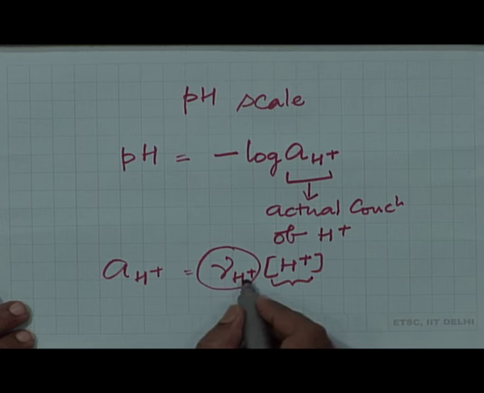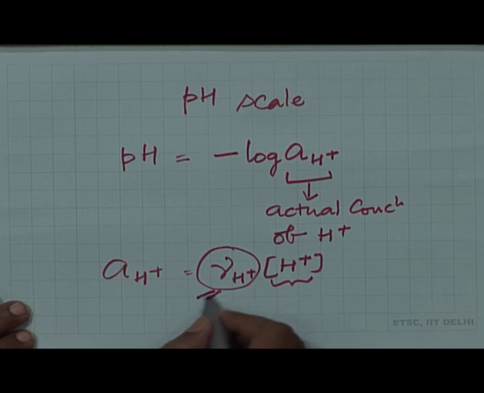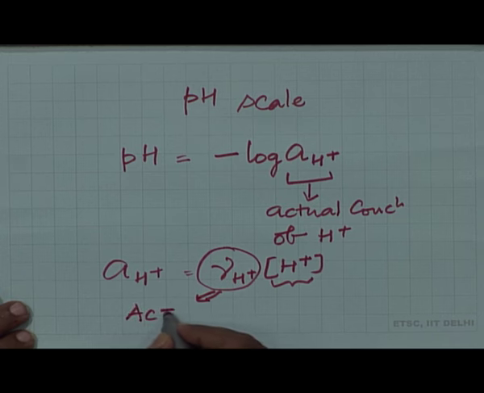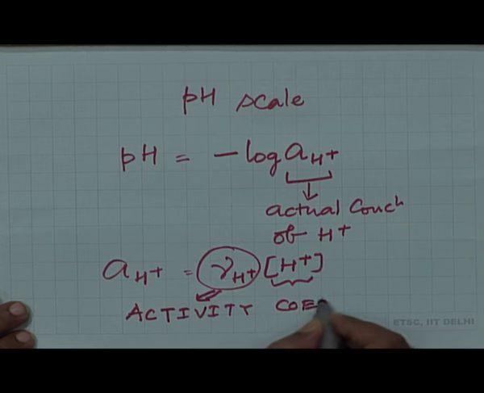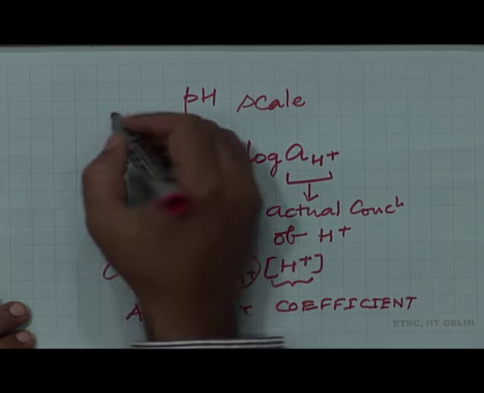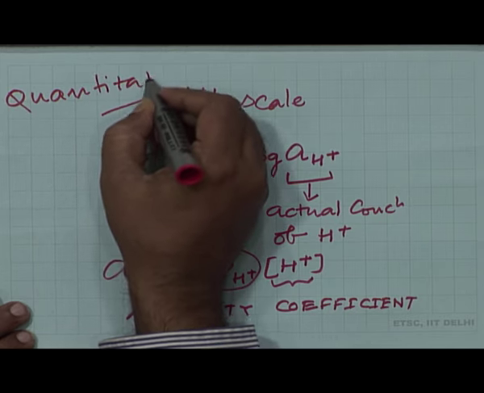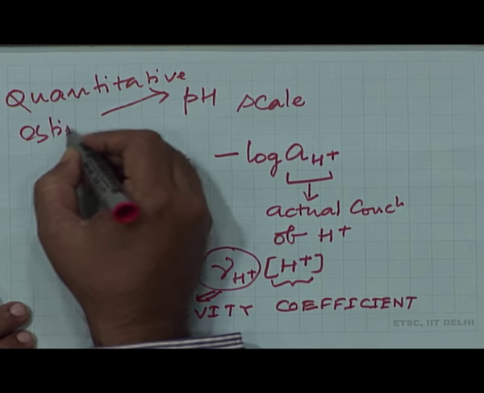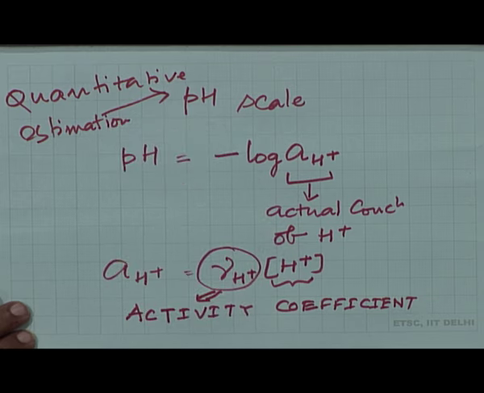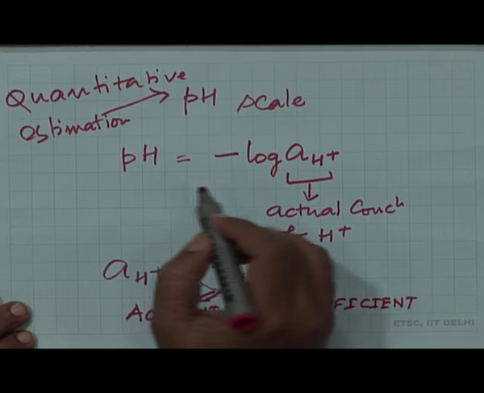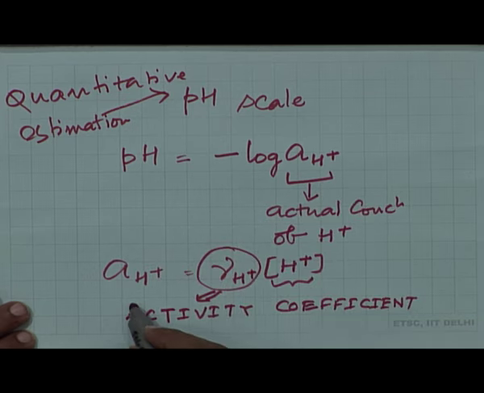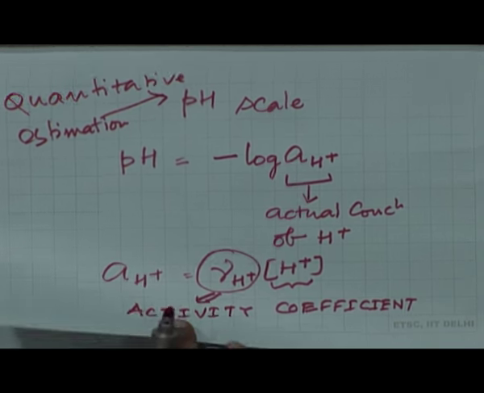So, the pH scale is used for quantitative estimation of acidity and basicity, and this is given by minus log activity of H plus, where activity of H plus is gamma H plus times the concentration of H plus ion.